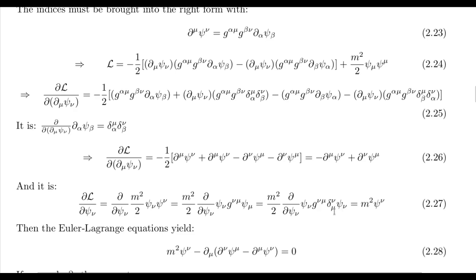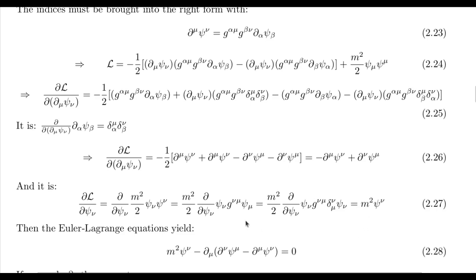We use the Kronecker delta to make a new index out of the index. That means we have here psi mu squared, and if we differentiate this, we get a factor 2 in front.